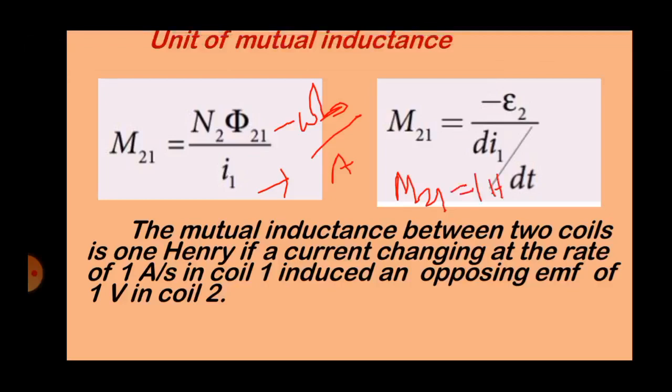So student, the mutual inductance between two coils is 1 Henry if a current changing at the rate of 1 ampere per second, that is di1 by dt equal to 1 ampere per second in coil C1, which we call coil 1, induces an opposing EMF of 1 volt in coil 2, that is E2 is equal to 1 volt. So understand students, this is a 2 mark question.